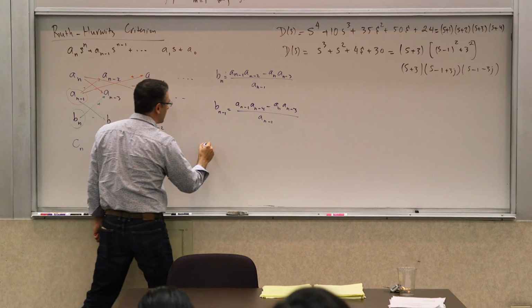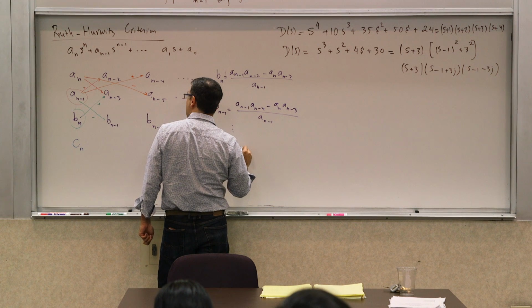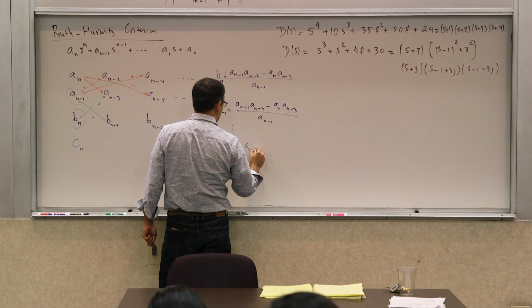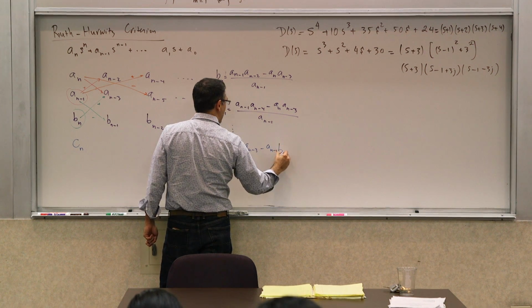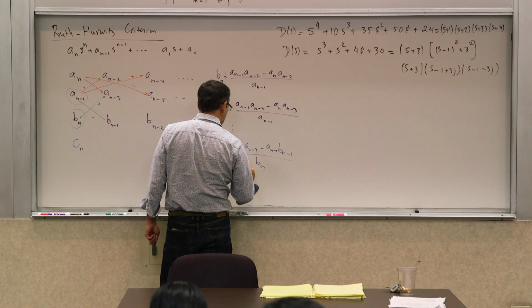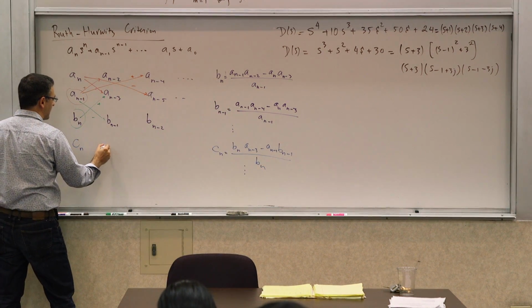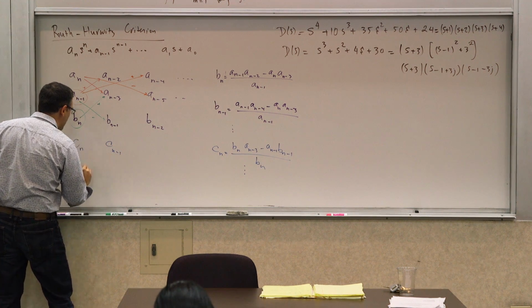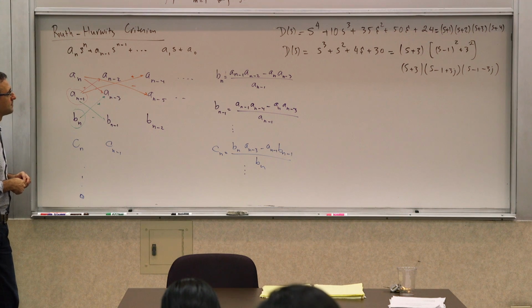So c_n is going to be (b_n·a_(n−3) − a_(n−1)·b_(n−1)) divided by b_n, and so on and so forth. And the next one over is going to be this times that minus this times that. That gives you c_(n−1). And you keep doing this till you run out of everything and you get 0.